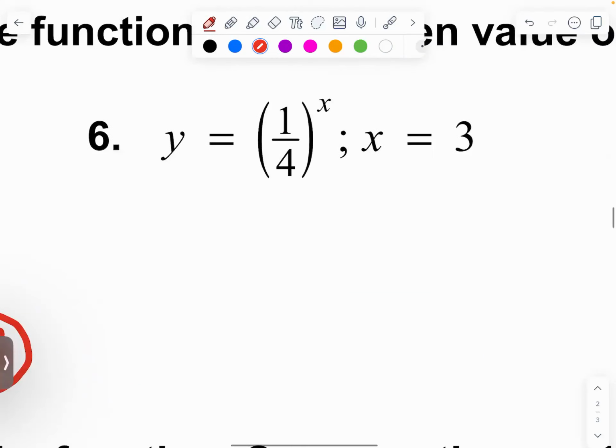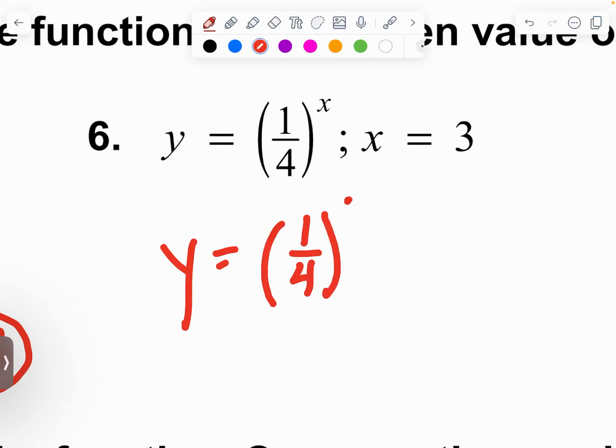How about this one? y equals 1/4 cubed. What's 1 cubed? 1. What's 4 cubed? 64. Did we all forget about exponents? 1 cubed means 1 times 1 times 1. 4 cubed means 4 times 4 times 4.